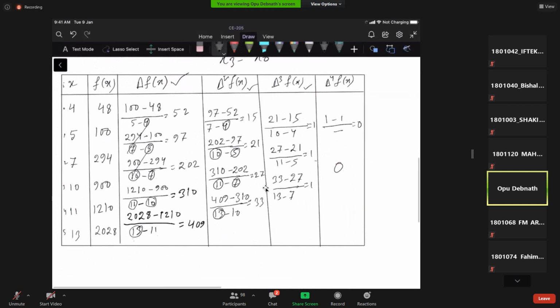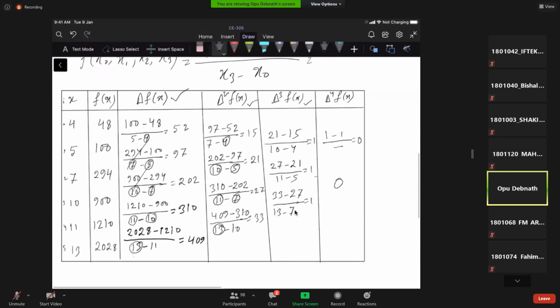Actually, for the Lagrange interpolation formula, we have another formula. This is Newton's divided difference formula, first one, and then we will go for the Lagrange interpolation formula. So for the Newton divided difference formula, first we have prepared the divided difference table.